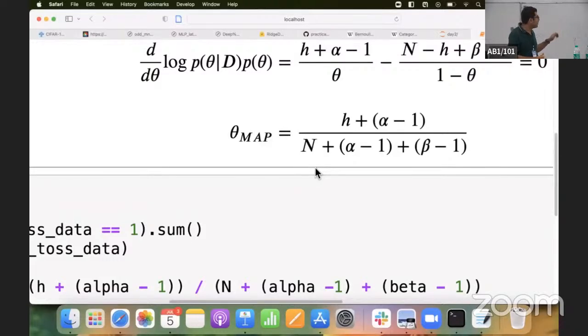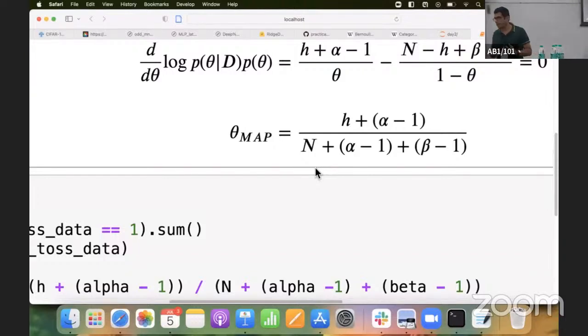Out of them, alpha landed as heads and beta landed as tails, right? So from the MLE, we had H over N, but for the MAP, we have something similar, H plus some notion of prior heads divided by N plus some notion of the total number of prior tosses, right? Any questions on this?